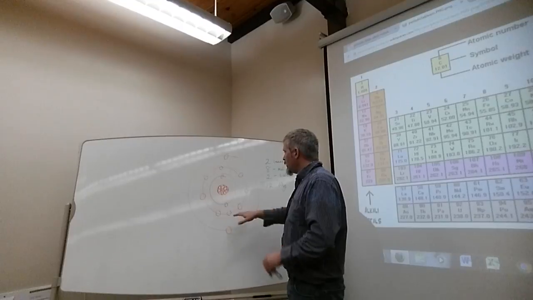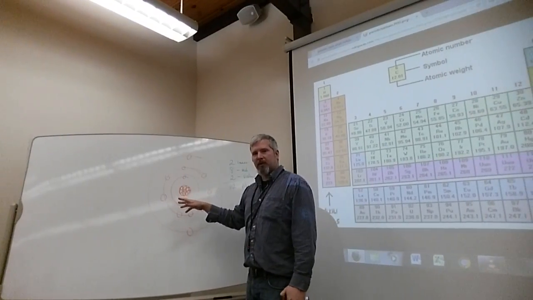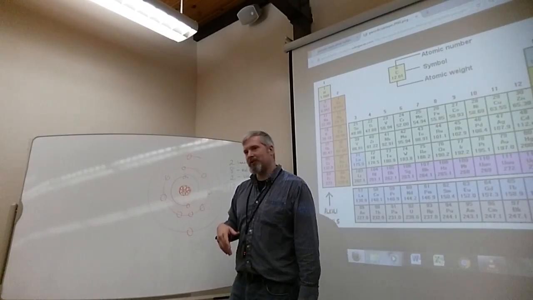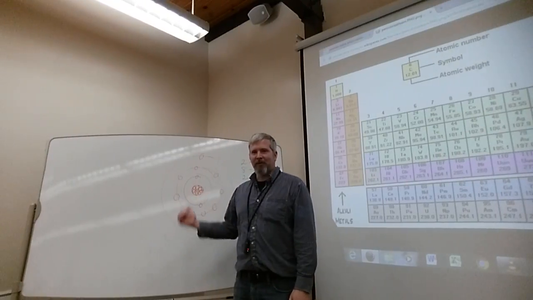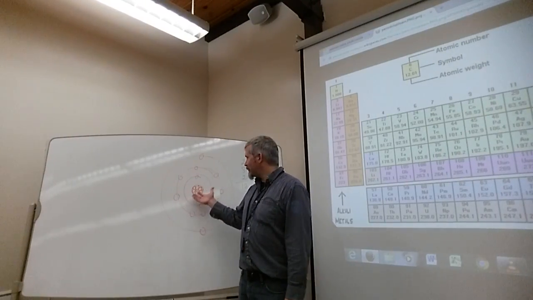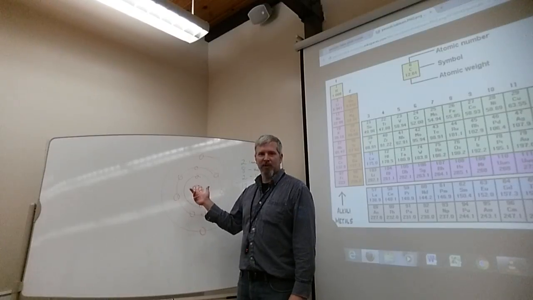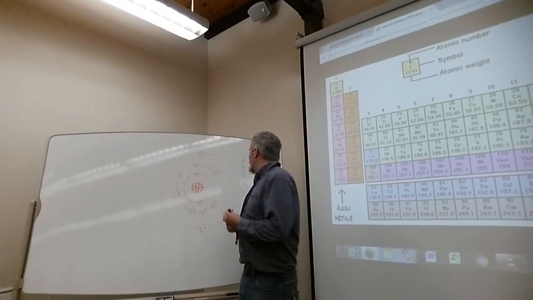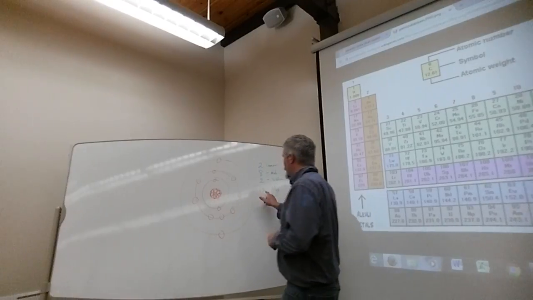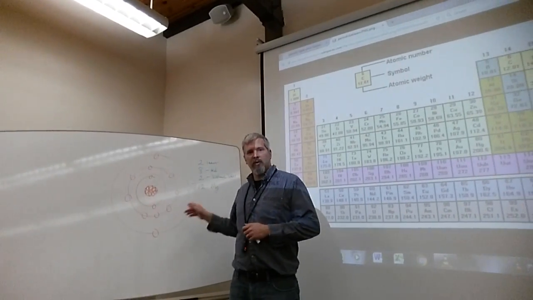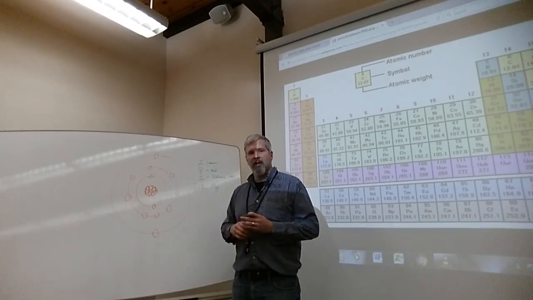We know that because of the number of electrons there. Now the tricky part is if this had 11, then we can't really tell by just counting the number unless we knew the number of protons in the middle. So what could work with magnesium to get it to 8?